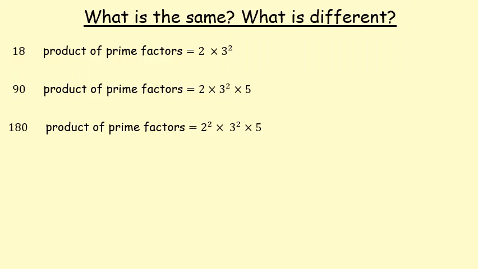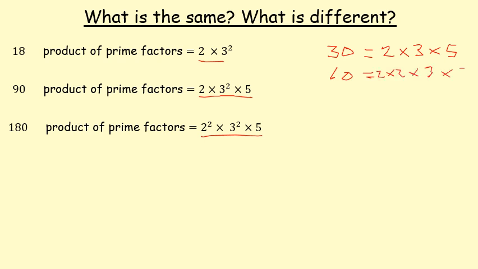Okay, so I'd like you to look at these values here. We've got 18, 90 and 180 broken down into product of prime factors. And this relates to our original examples. So we had 30 and we said that 30 is 2 times 3 times 5. And when we did our factor tree for 60, we saw that it was 2 times 2 times 3 times 5.